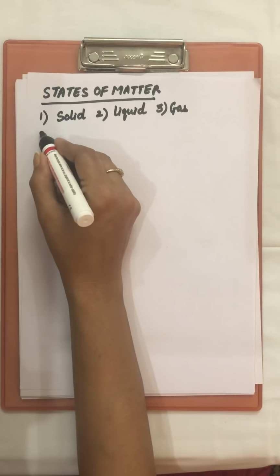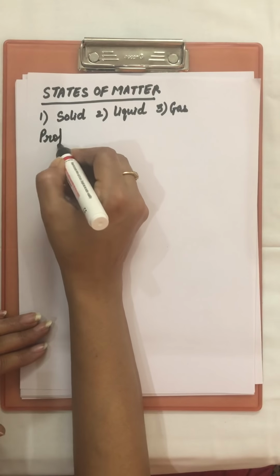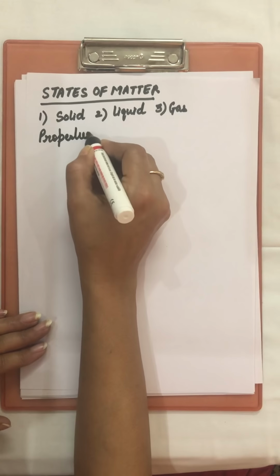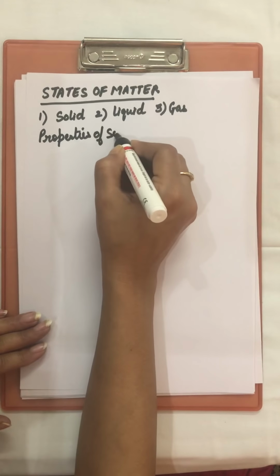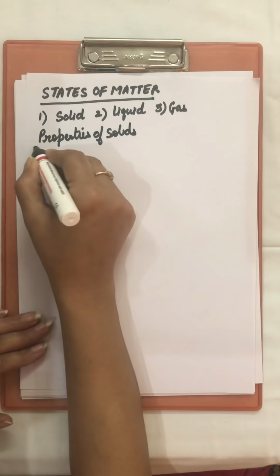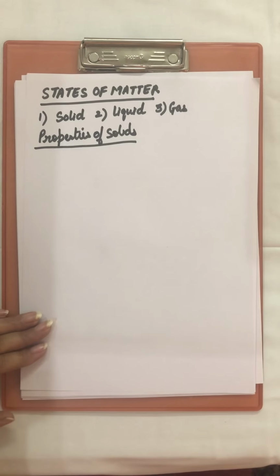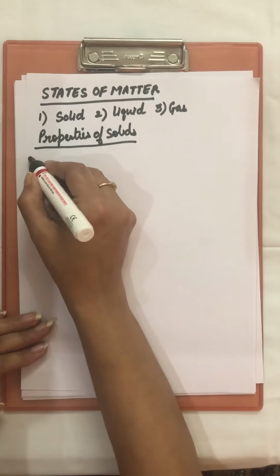First of all, properties of solids. The first property of solids is solids have a definite shape.